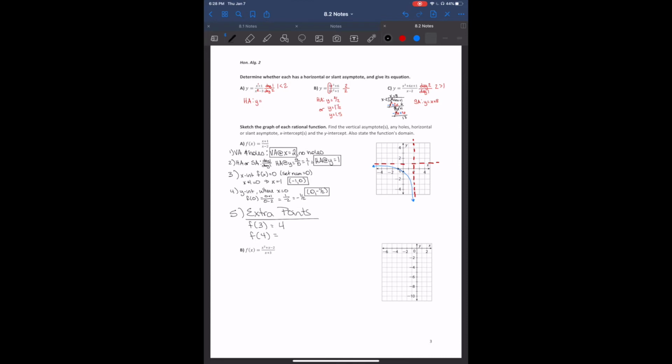And if we substitute in 4, you get 2.5. Okay, so I can go ahead and plot those points, 3, 4, and 4, 2.5, and sketch out my second piece of the function.